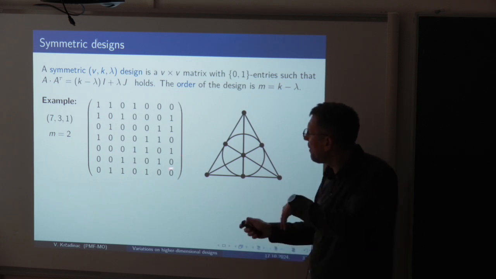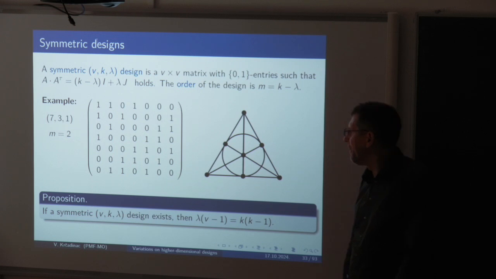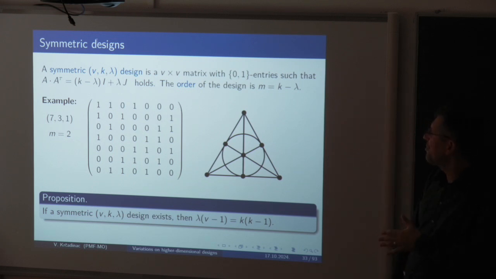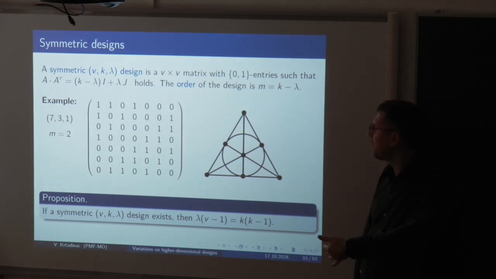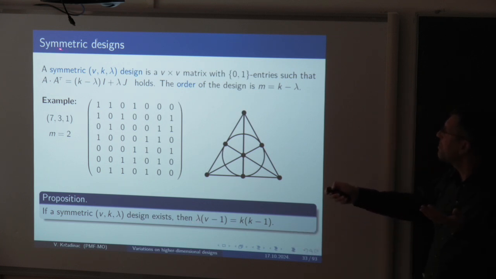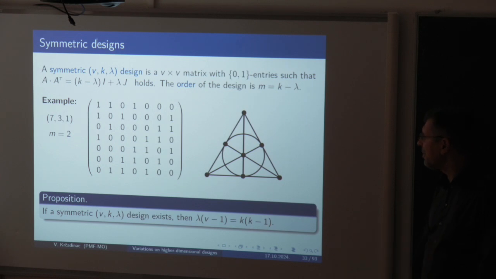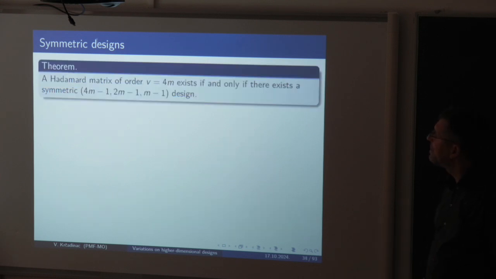I'm going to talk about them as matrices because this is the way they're generalized to higher dimensions. Like for Hadamard matrices, the necessary condition was that the order had to be divisible by 4. Here you have actually 3 parameters, but they're not independent, so this equation has to be fulfilled if these symmetric designs exist.